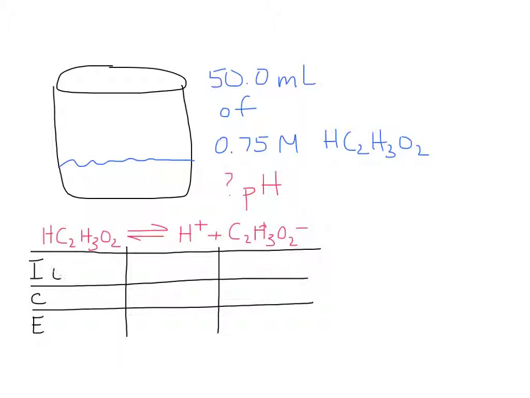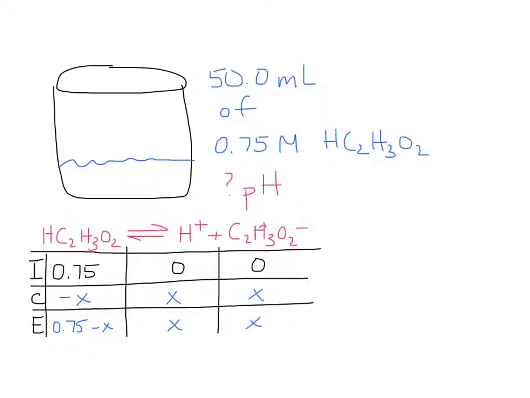So initially we have 0.75 molar acetic acid. None of it's dissociated into ions just yet. We know that at equilibrium, some of it will dissociate, and that amount will be some amount X. Now the amount that forms hydrogen ions will be positive X. So at equilibrium, our equilibrium concentration will be 0.75 minus X, and then X and X.